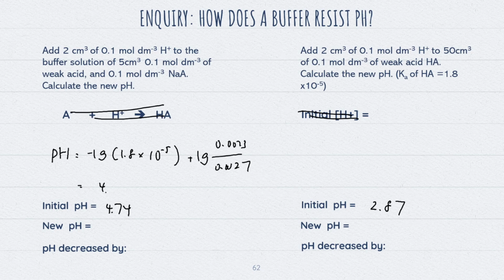The new pH should now be 4.68, because remember the original pH was calculated when the log salt over acid was 0.0025 over 0.0025, but now there's a slight change in the numbers, and therefore the pH changes slightly.